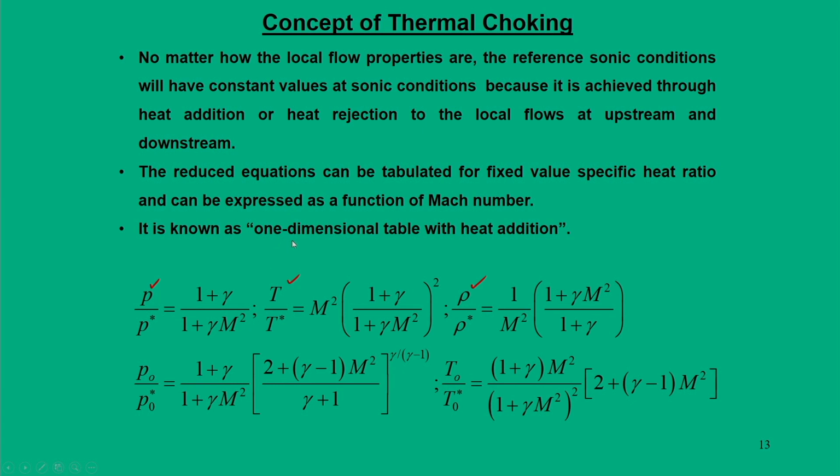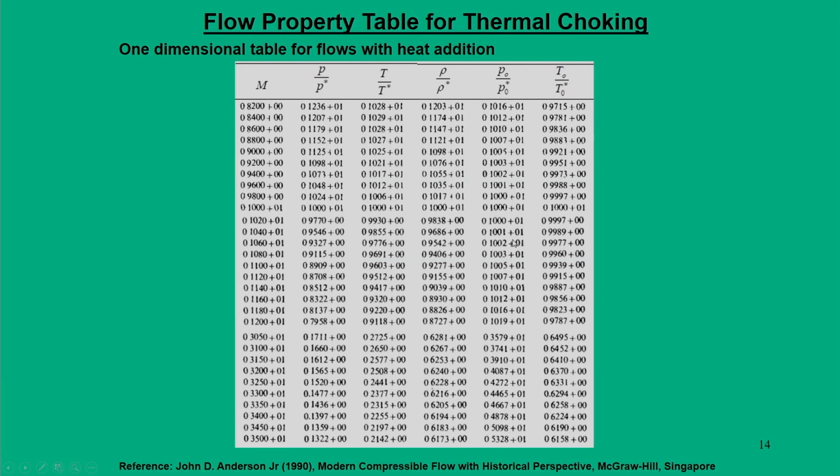That table is known as the one dimensional table with heat addition. This table is presented here. It is taken from an extract of the book by John D. Anderson, Modern Compressible Flow with Historical Perspective, McGraw-Hill.